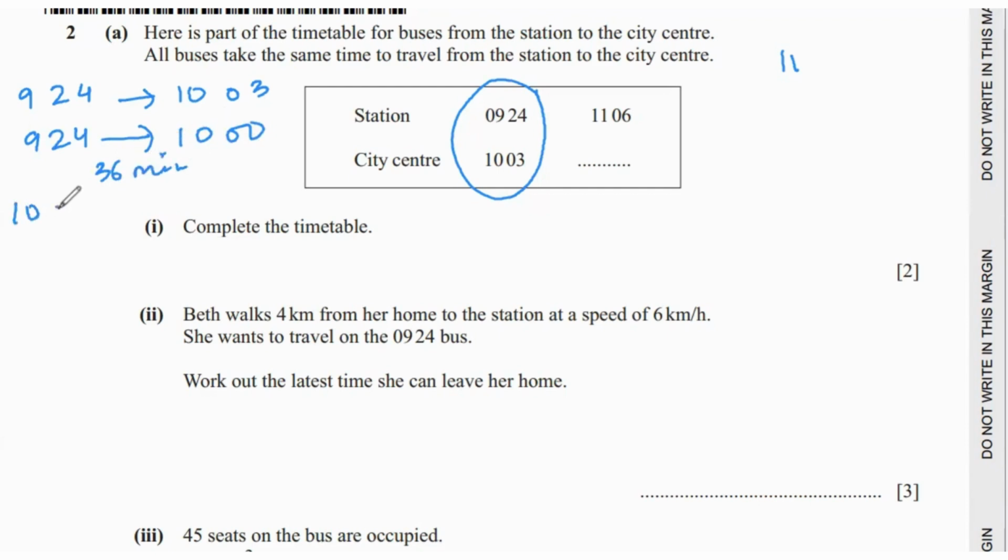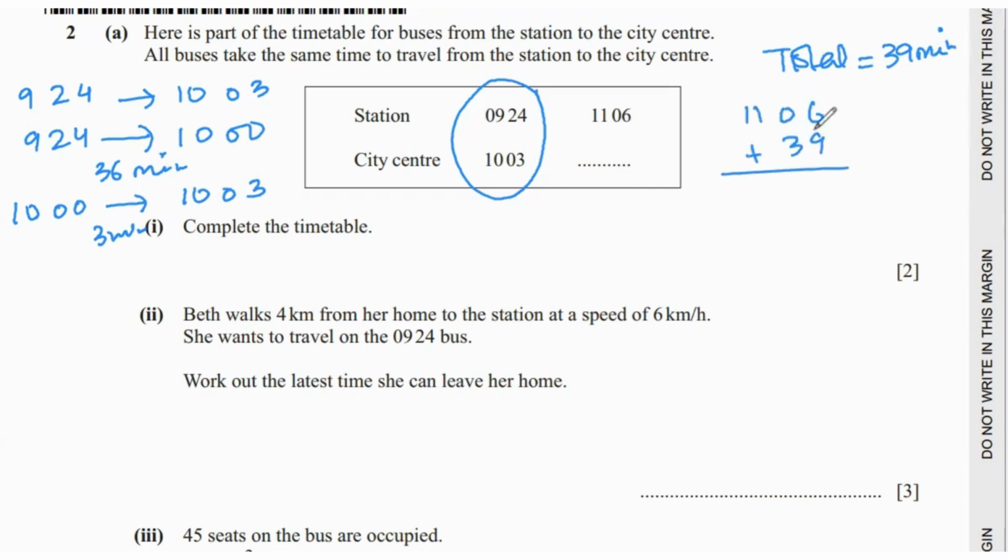So 10 to 10:03 is 3 minutes. So total is going to be 39 minutes. So now we add 39 to 11:06. That's going to give us 11:45. So that's when the bus will reach the city center.